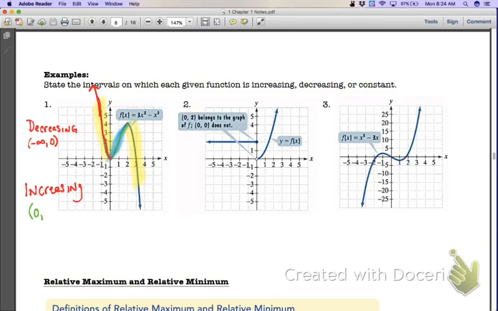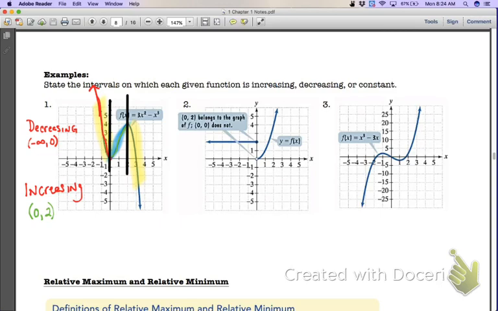Remember, it's going to be broken up as far as my x values. We always look at it horizontally. So from 0 to 2. Again, I don't include 2 because 2 is going to be a part of my maximum. That's my peak, and it's not increasing there. It's basically getting to there, and it's stopping, and then it's going to fall back off.